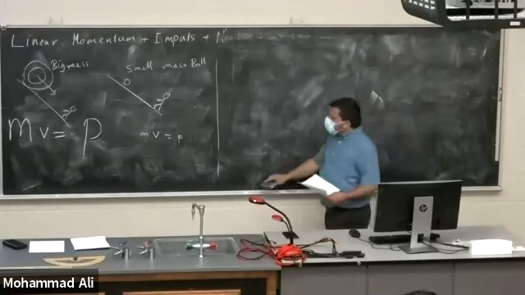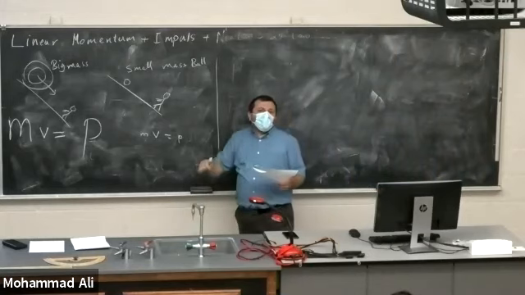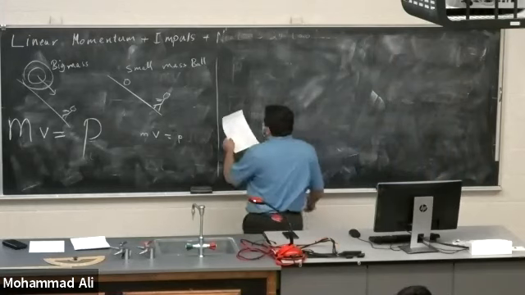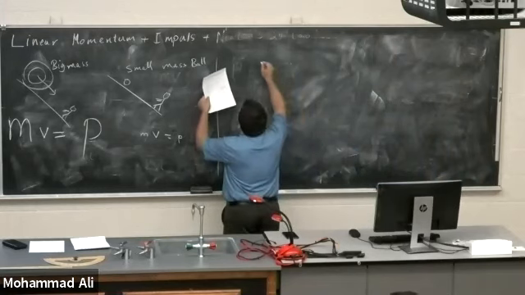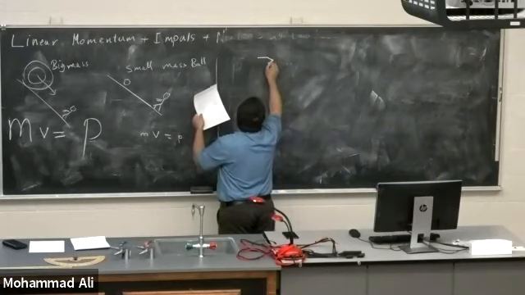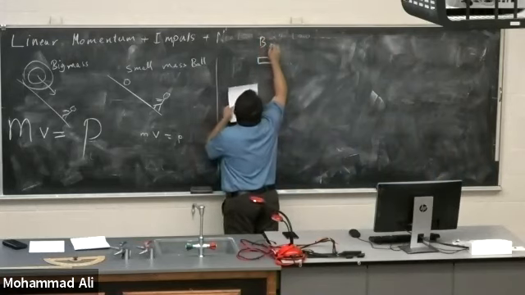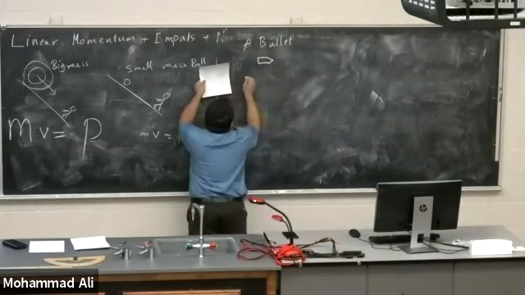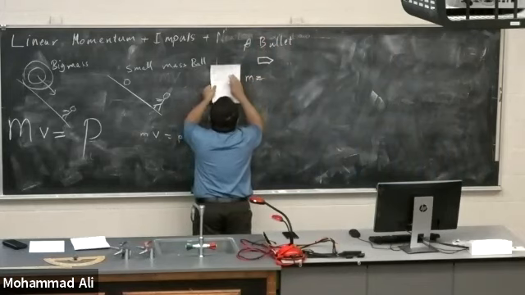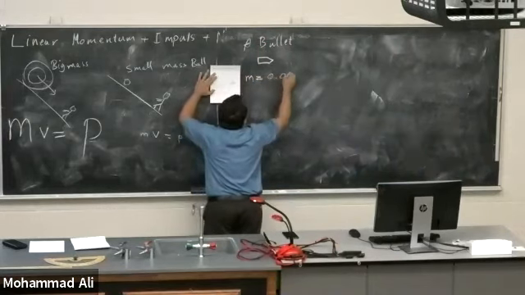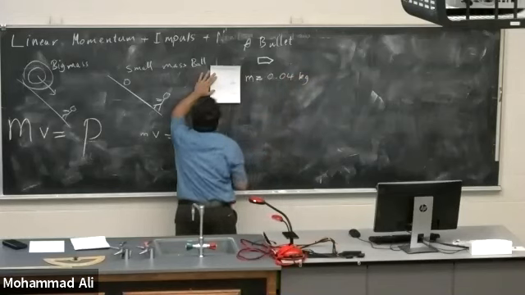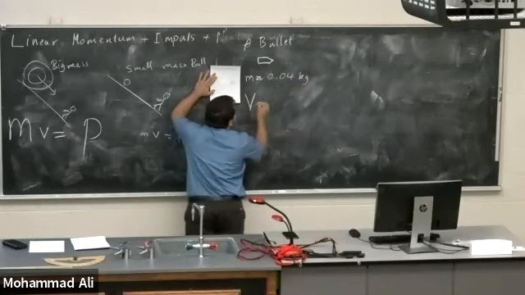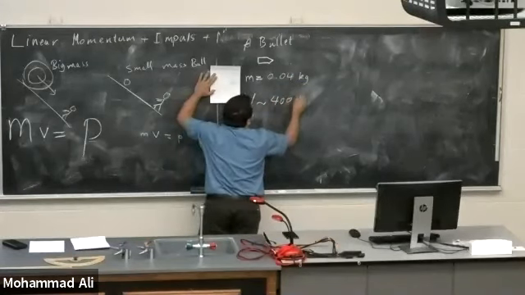The relation is simple. P is equal to mv. That's it. We know that mv squared over 2 is the kinetic energy from before. We have 2 experiments. A bullet with small mass, equal to 0.04 kilogram. It is smaller. And its velocity is big, almost 400 meters per second.